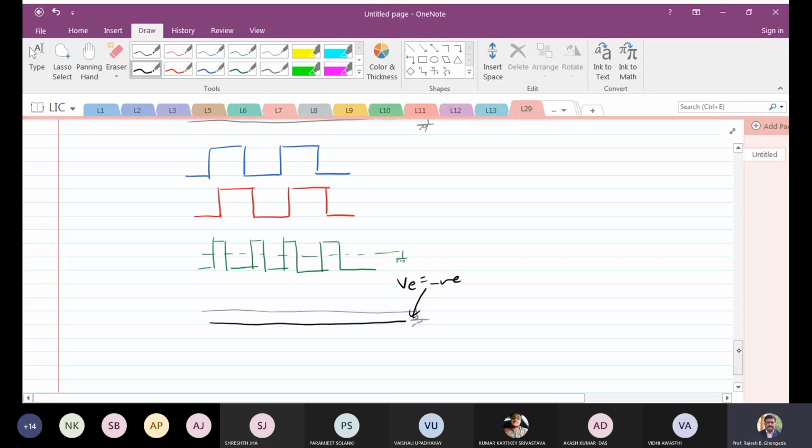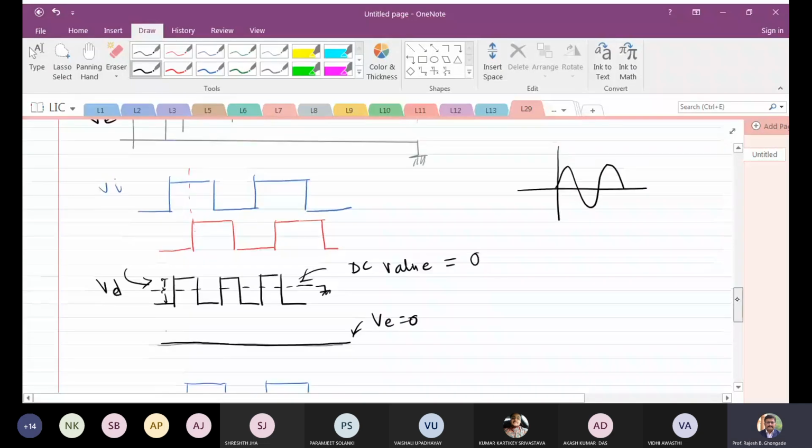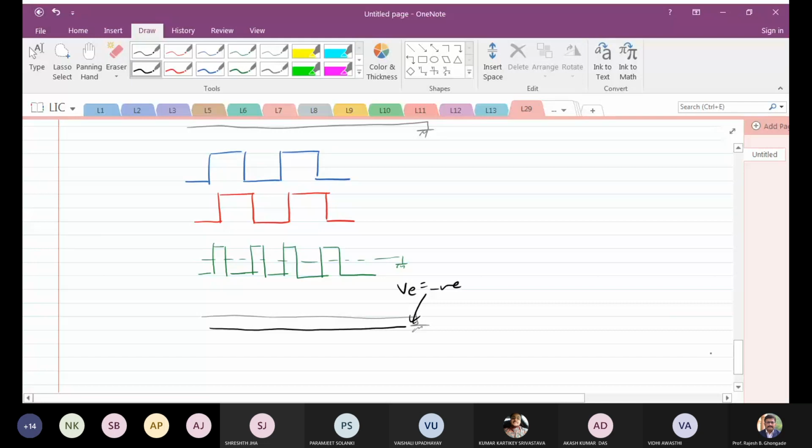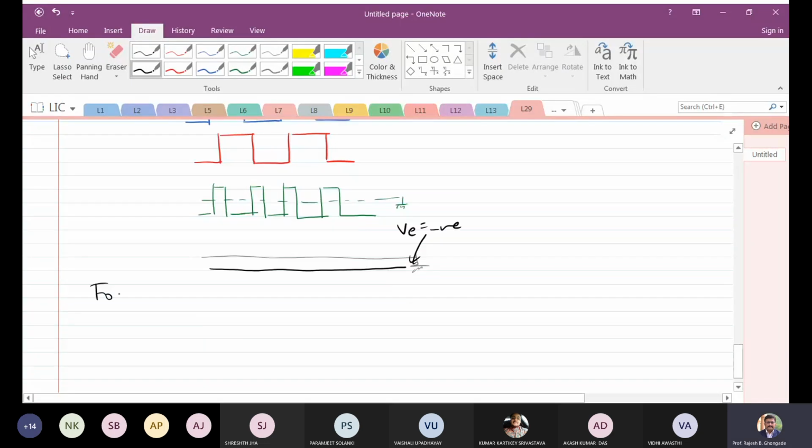So now I can see that the phase detector, which is nothing but your XOR gate, can generate this. So to summarize, for 90 degrees phase shift, VE error voltage is going to be 0.